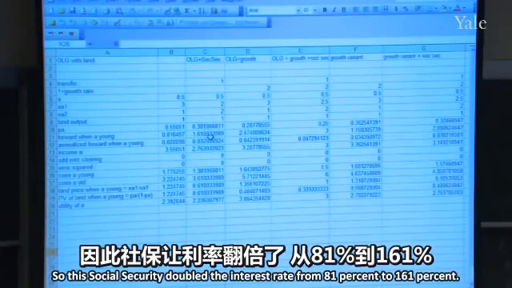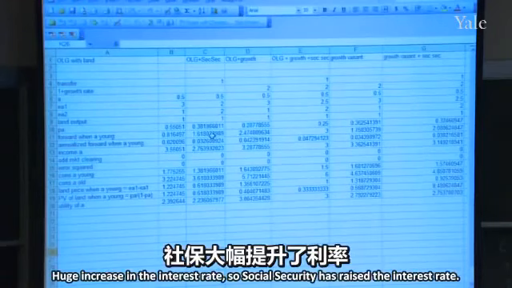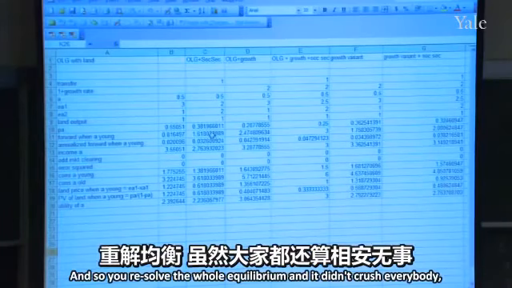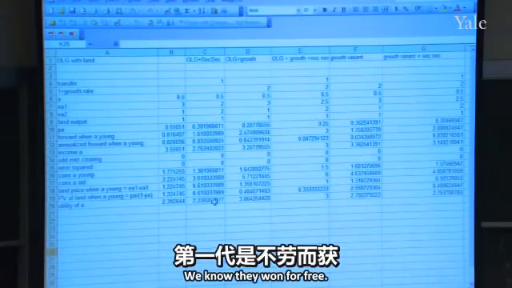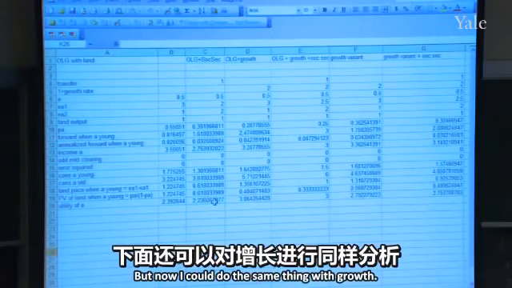Okay, so this Social Security doubled the interest rate from 81% to 161%. Huge increase in the interest rate. So Social Security has raised the interest rate. And so you resolve the whole equilibrium, and it didn't crush everybody, but everybody's utility went down, except for the very first generation. We know they won for free.